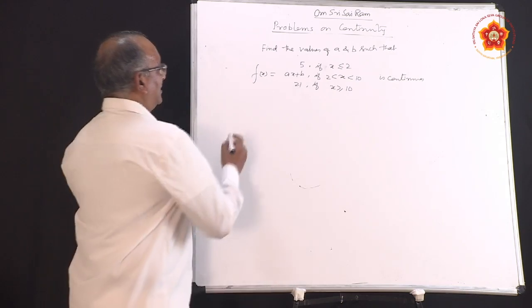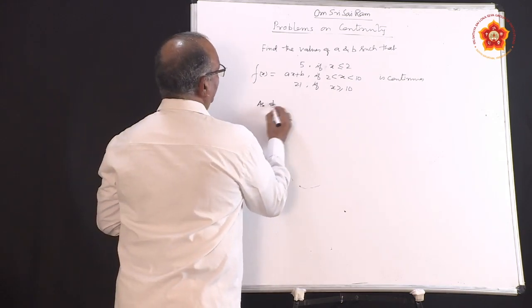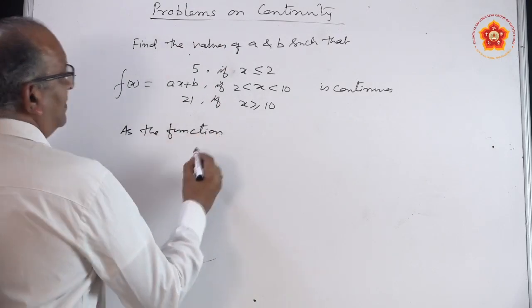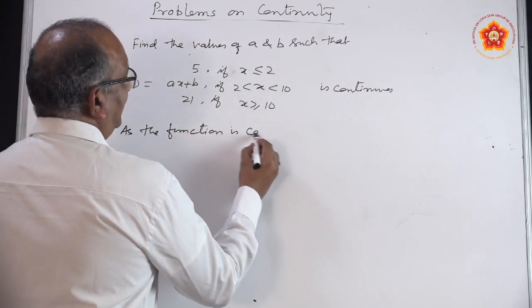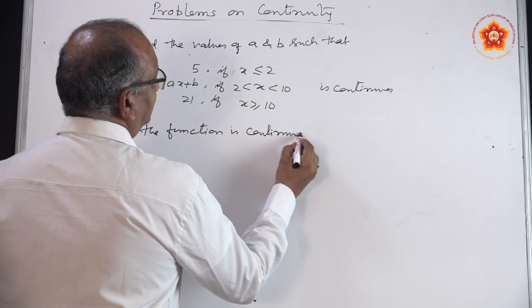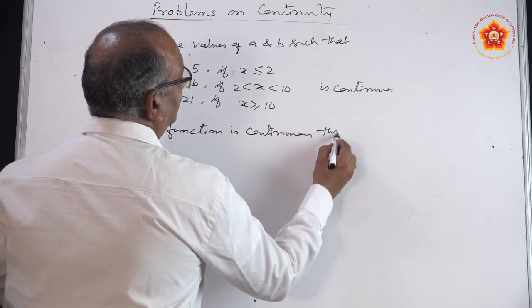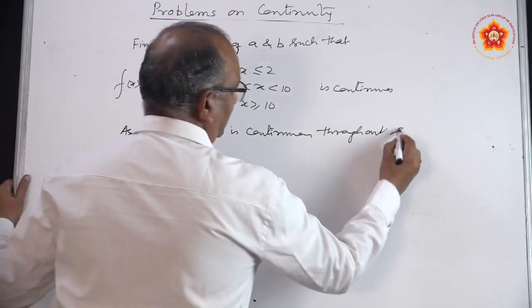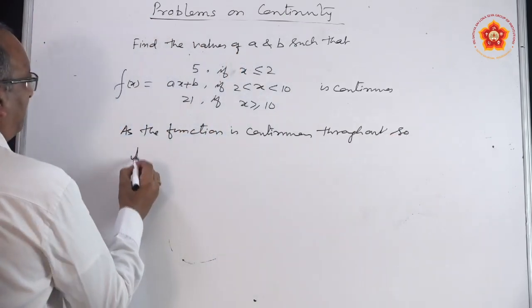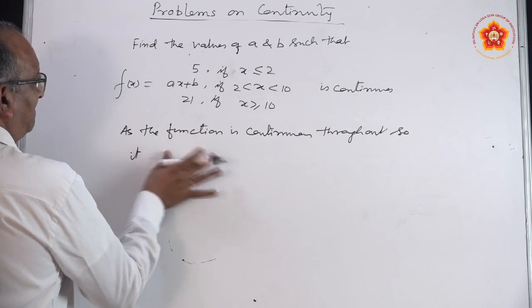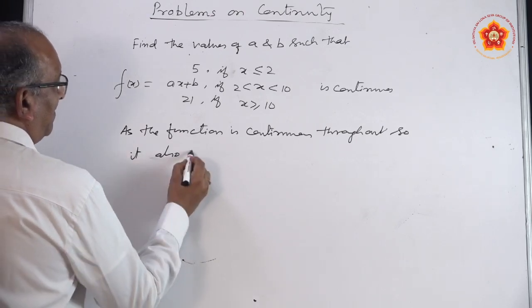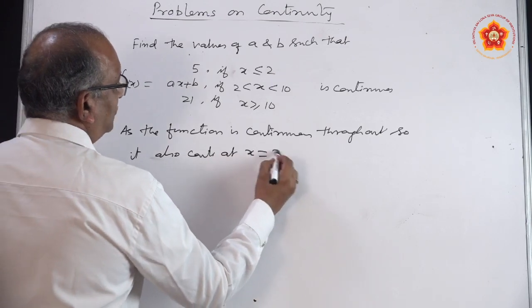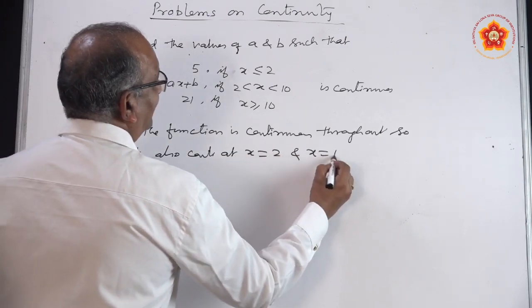So, as the function is continuous throughout, it is also continuous at x equal to 2 and x equal to 10.